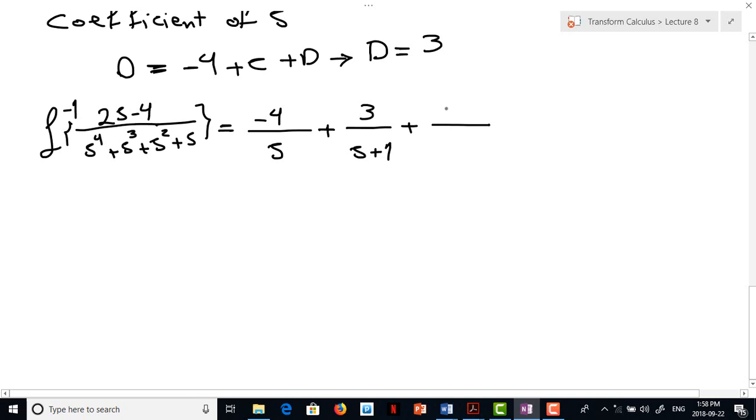C is 1, so we have s plus 3 over s squared plus 1. So in fact, we have to find the Laplace inverse of these partial fractions.